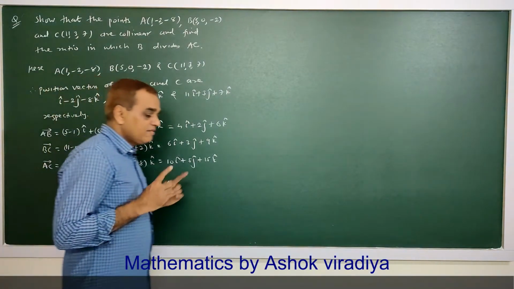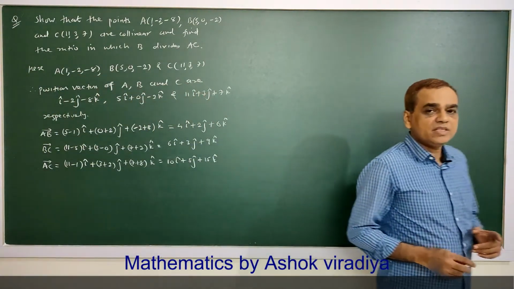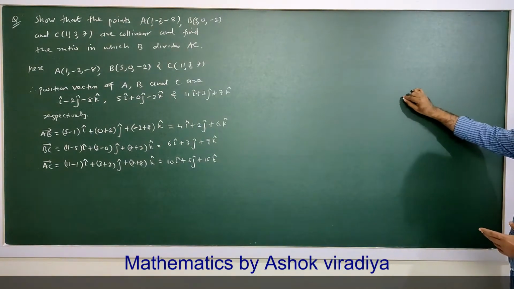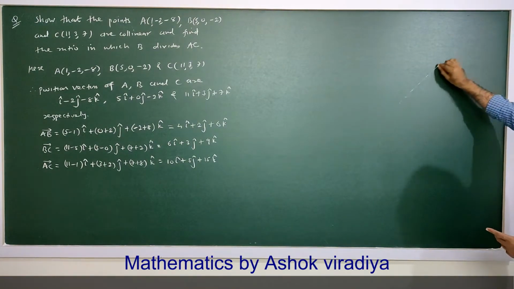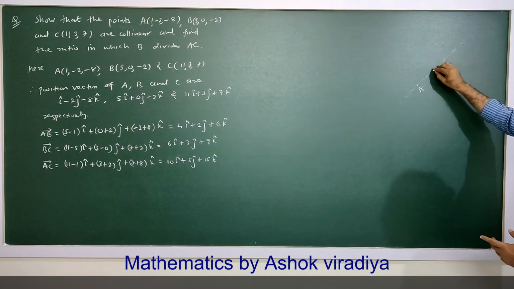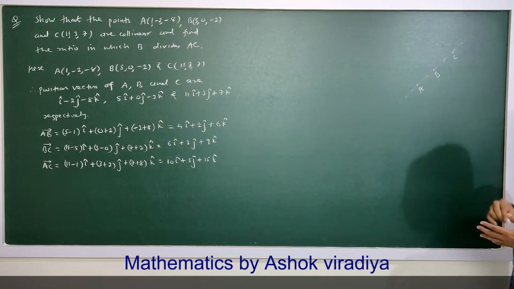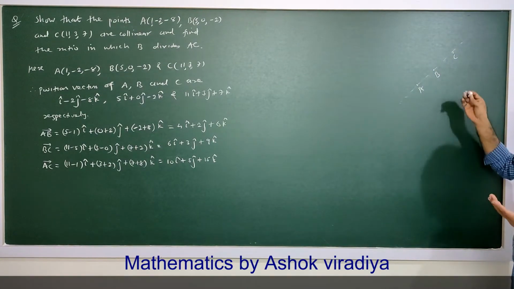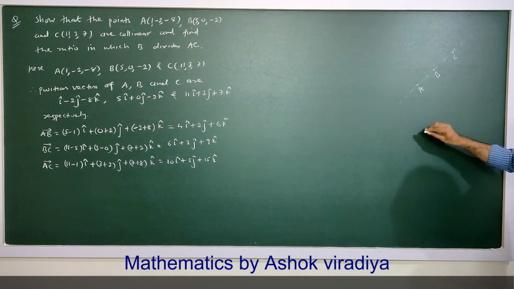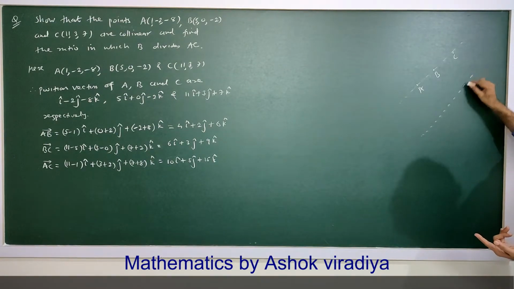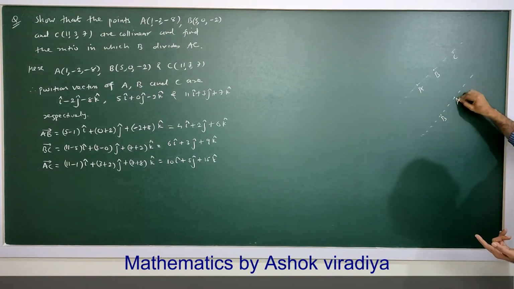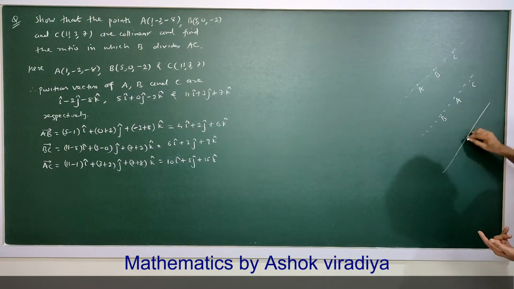Now see, we want to show that these points are collinear. When 3 points are collinear, there are 3 possibilities: A-B-C, or it can be B-A-C, or it can be A-C-B.